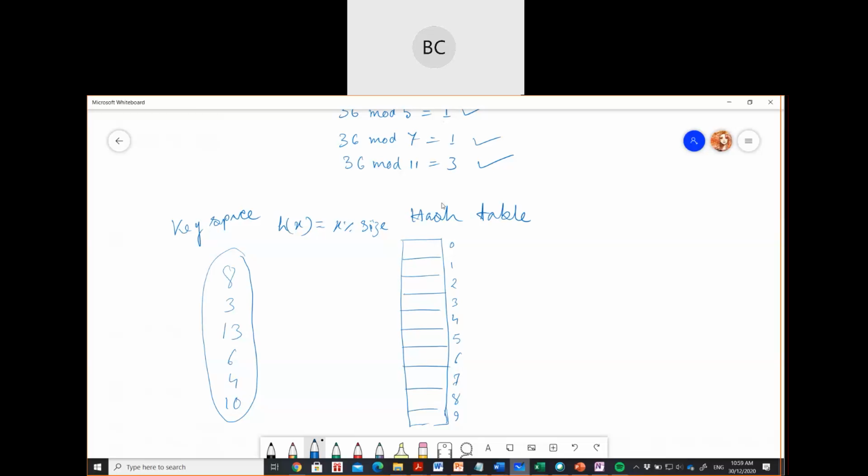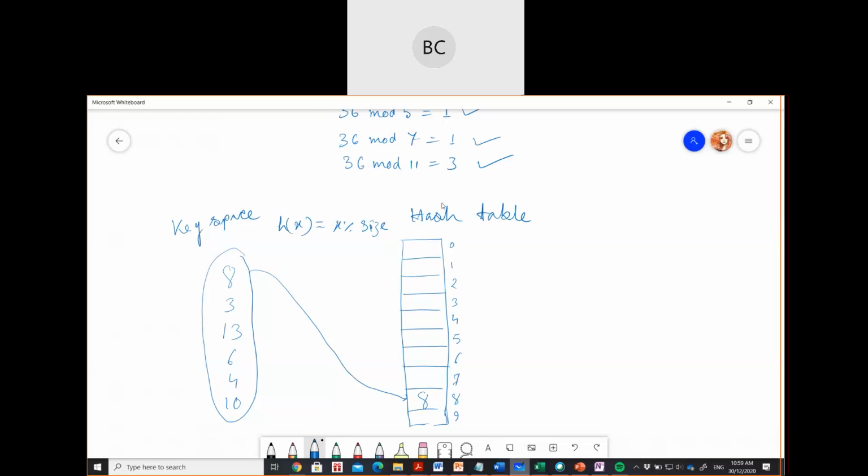So what happens in direct access table: whatever the key is, we insert that value at the particular index of the table.